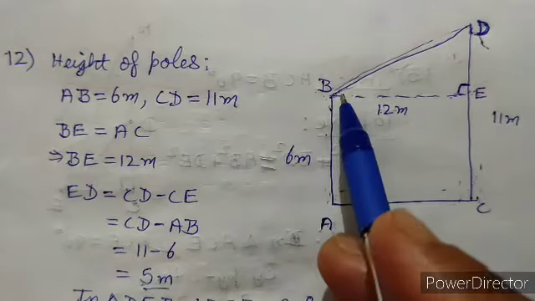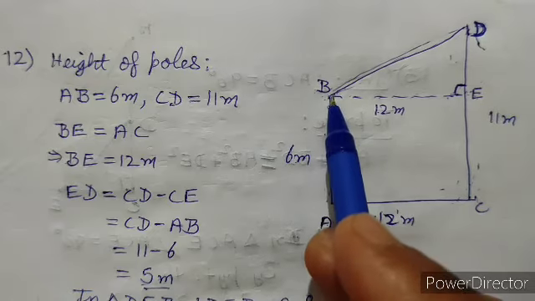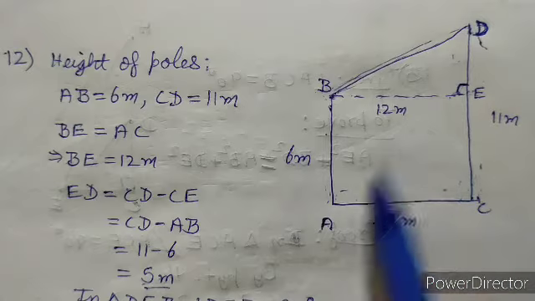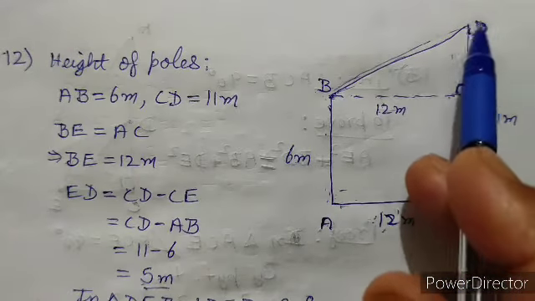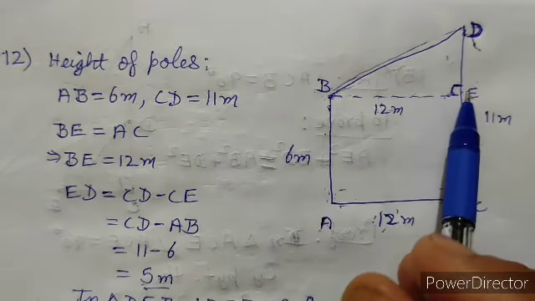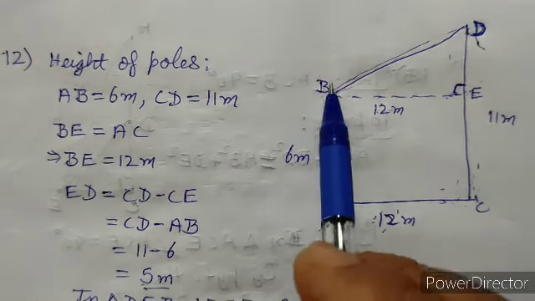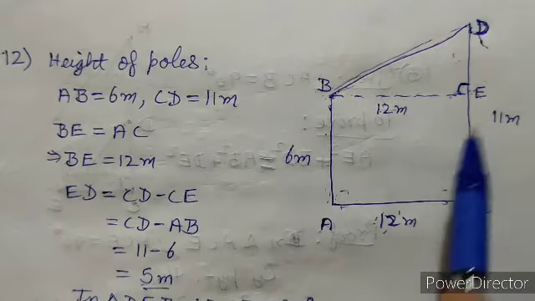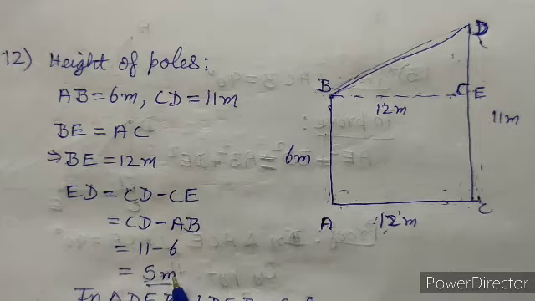Now, on drawing the perpendicular from B on CD, this BE will be equal to AC, and that is 12 meter. ED will be equal to CD minus CE, and as we know CE is equal to AB, so we can say that ED will be equal to 11 minus 6, and that will be 5 meter.